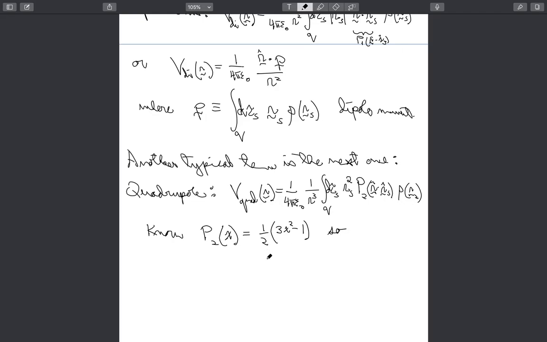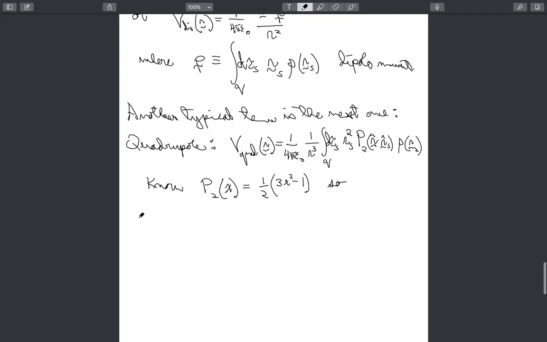So what we can do is rewrite this quadrupole term as 1 over 4 pi epsilon 0 with now a 1 half factor here.